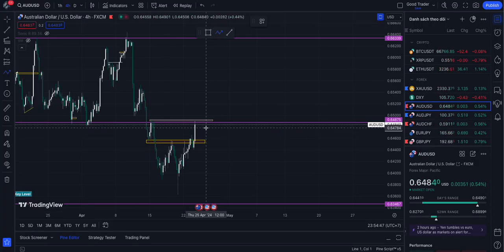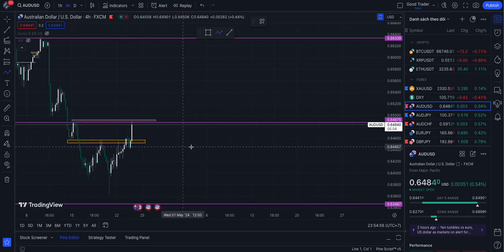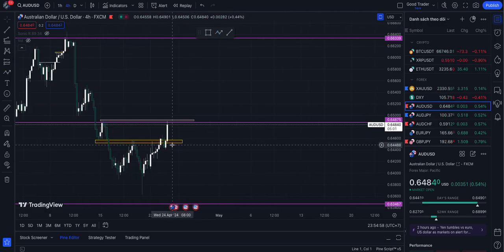So that's suggesting that the dollar is weakening. So let's explain this bullish movement, because the dollar news is bad.